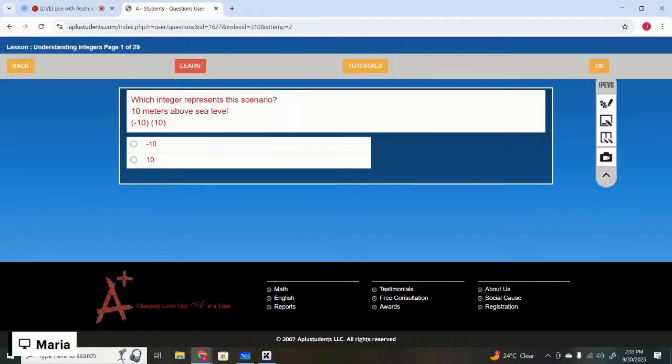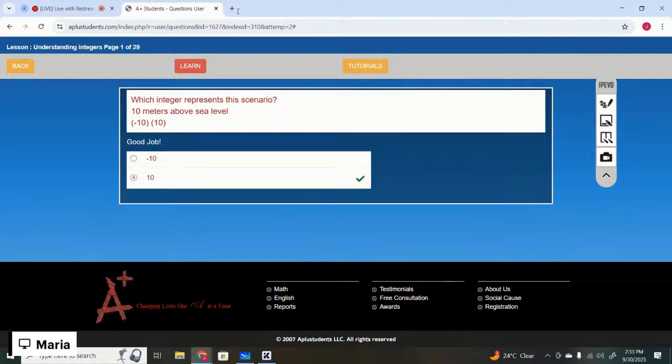Which integer represents the scenario 10 meters above sea level? So above sea level it would be a positive number. Option number 2 is the correct option.